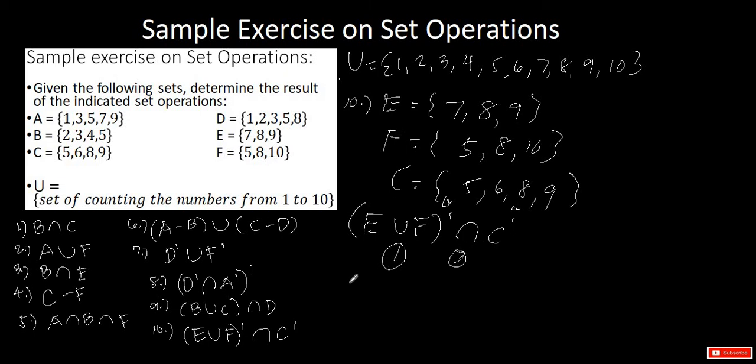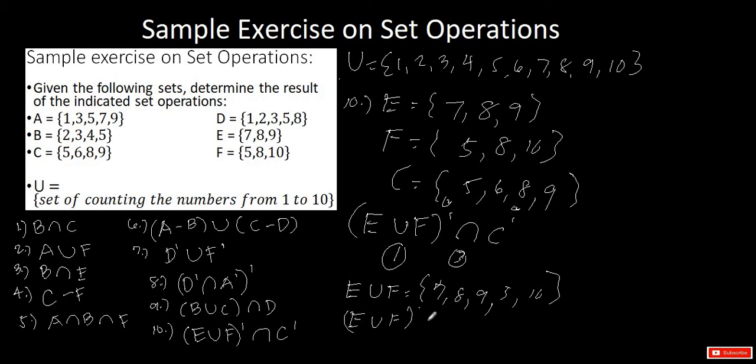Okay, so let's perform first E union F. What are the elements of E union F? These are 7, 8, 9, and we have 5 and 10. Then next, we perform the complements.